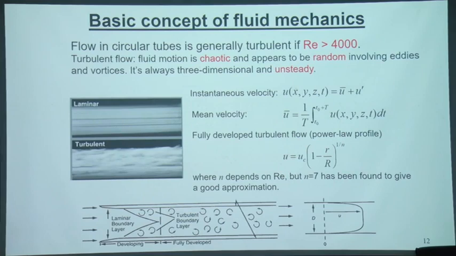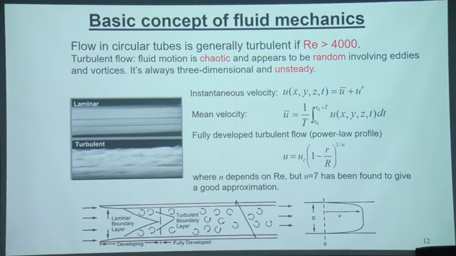Now, the Reynolds number can become higher. If the Reynolds number is usually greater than 4,000, then the flow is said to be turbulent. And we know that in turbulent flow, the fluid motion is chaotic, and it involves the random movement of eddies and vortices, and it's very hard to mathematically resolve turbulent flow fully.